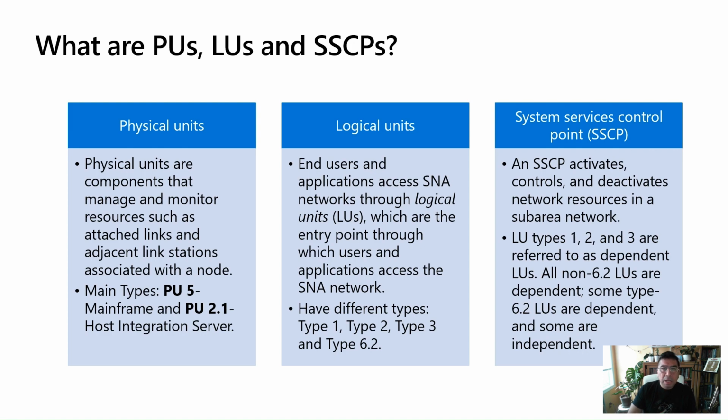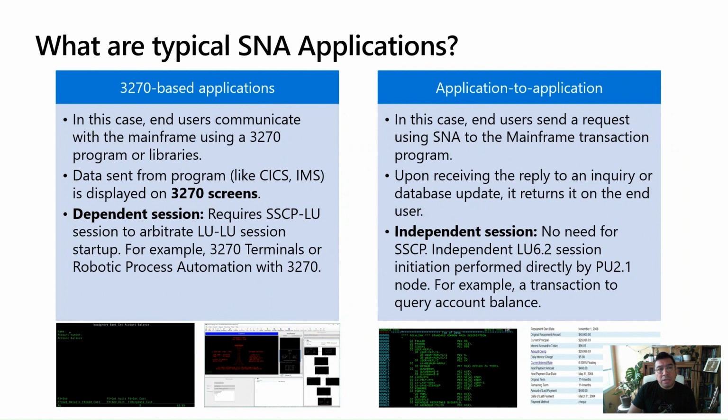Now, as I was mentioning in the LUs, what do we actually call typical SNA applications? I'm sure that you are familiar with the green screen applications, which we call 3270 based applications.